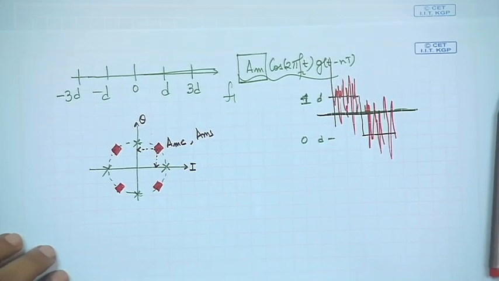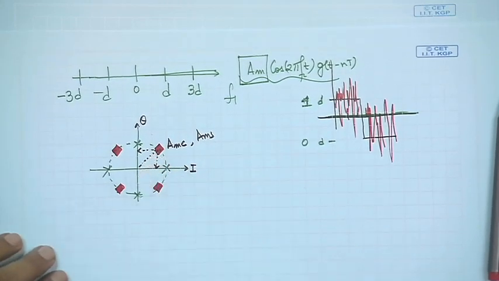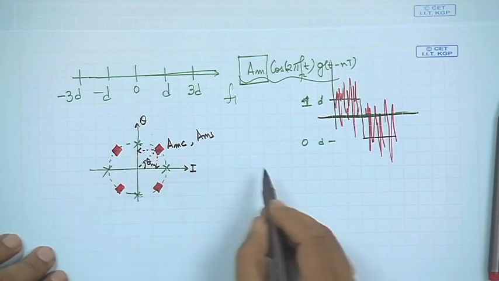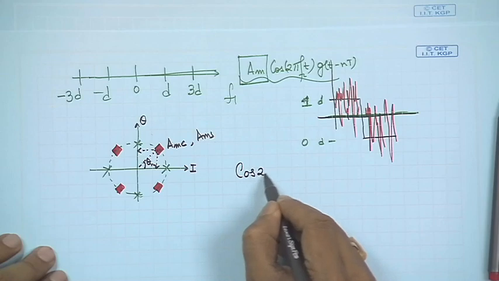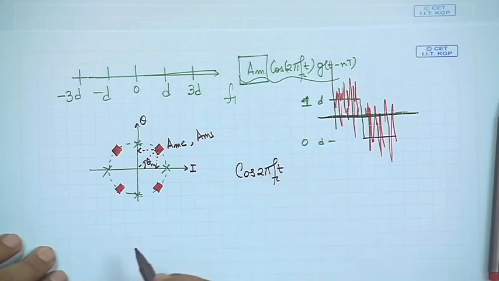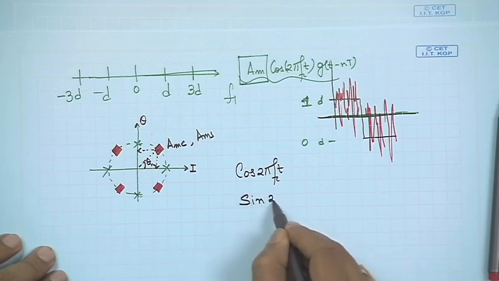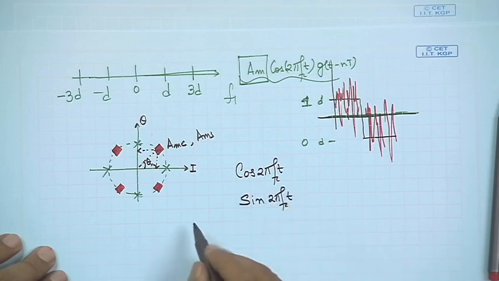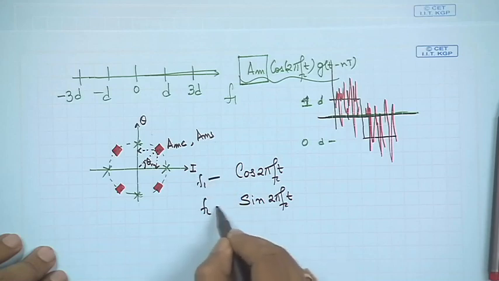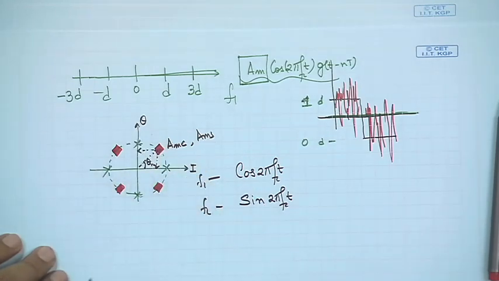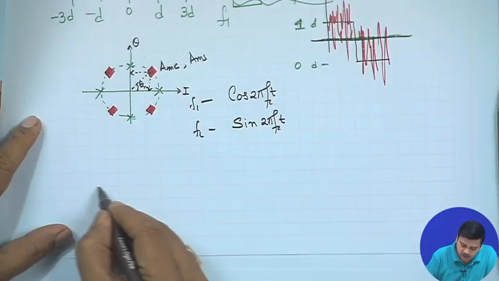For QPSK we had one phase parameter theta_m which would control this, but we could represent this as cos 2 pi f_c t as one dimension, f1(t), and sine 2 pi f_c t as the other dimension. One of the basis functions was the cosine, the other was the sine, and they are in quadrature with each other, and in the signal space diagram we also have a quadrature.